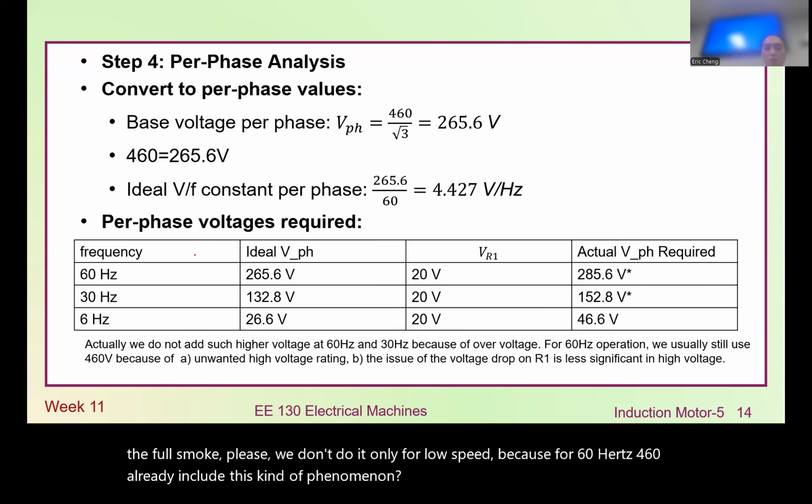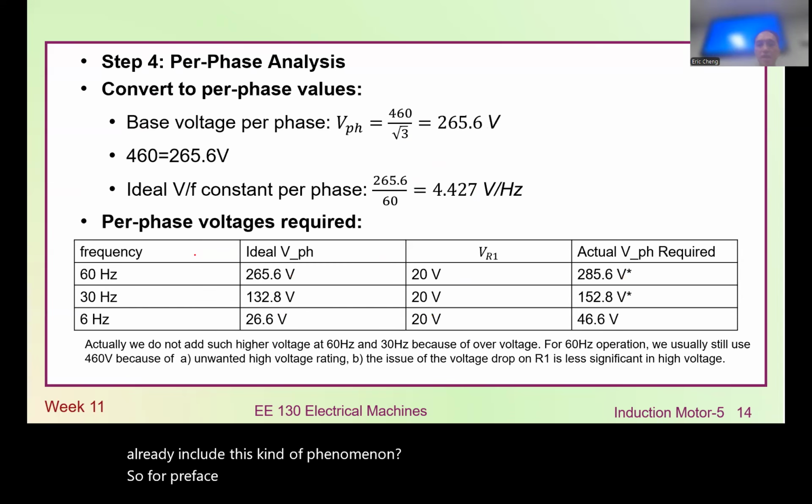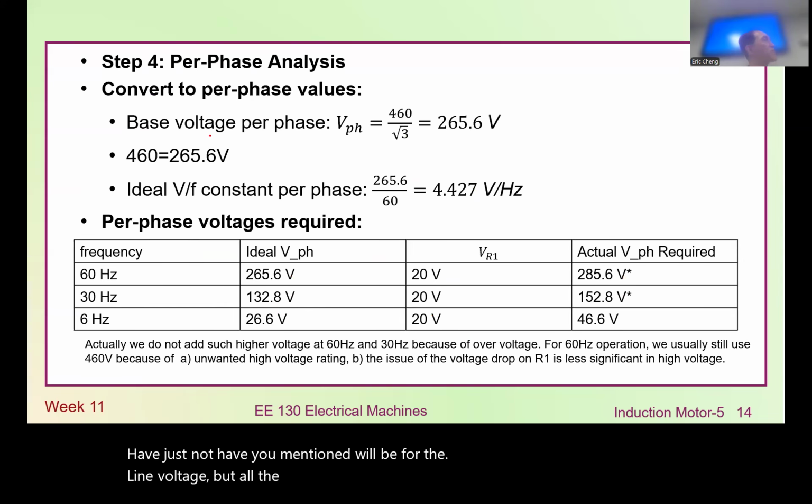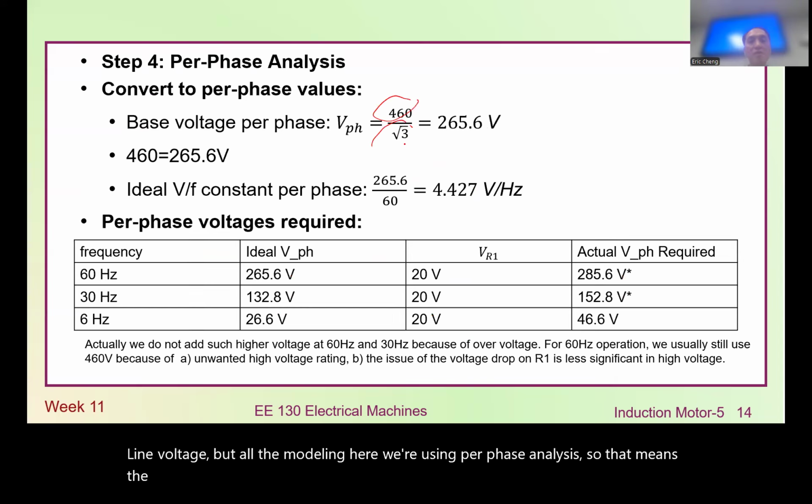So for per phase analysis, let's see that again. Just now we mentioned the line voltage, but all the modeling here uses per phase analysis. So that means 460 divided by √3 will be the phase voltage.